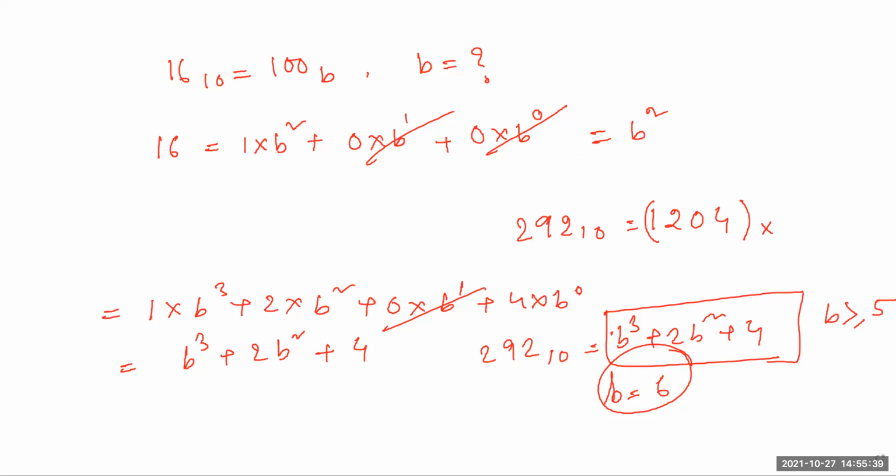So number system conversion is over. Now, in your syllabus, the further topic is addition, subtraction, multiplication, and division of the binary number system. You already know the binary number system is a position weighted number system, and its radix or base is 2.